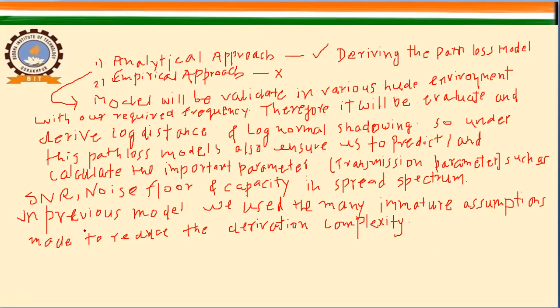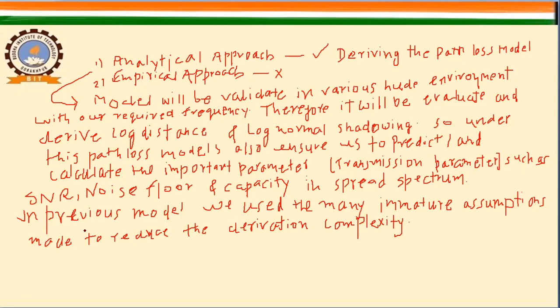So deriving the free space model and the two ray model requires using a lot of assumptions for getting the required results by reducing the derivation's complexity, which is not seen in practical situations.